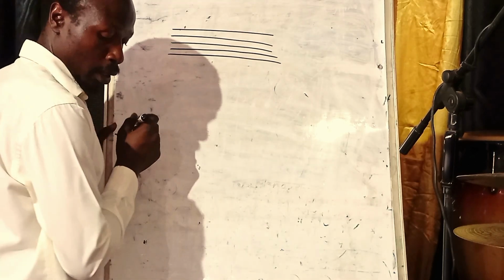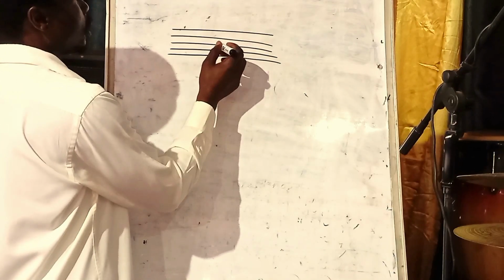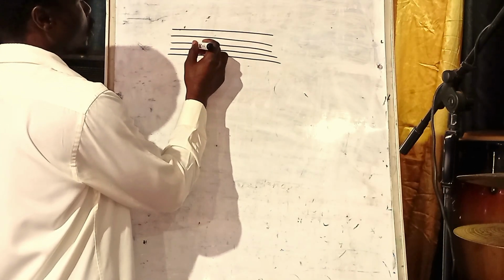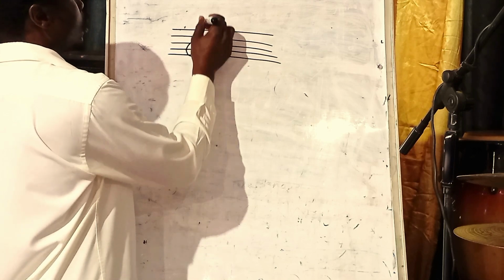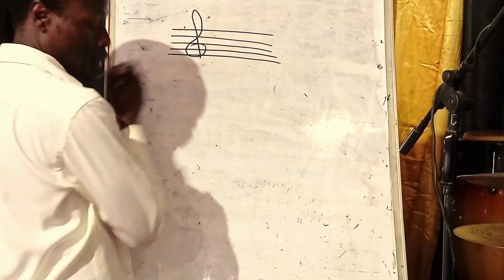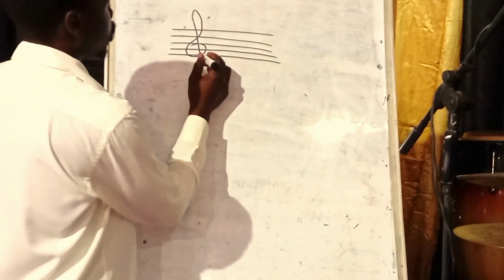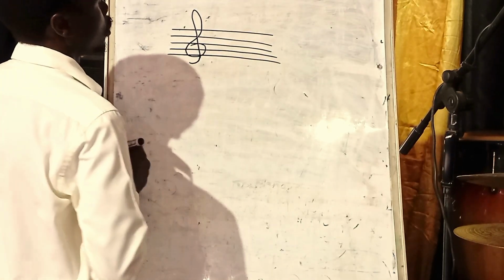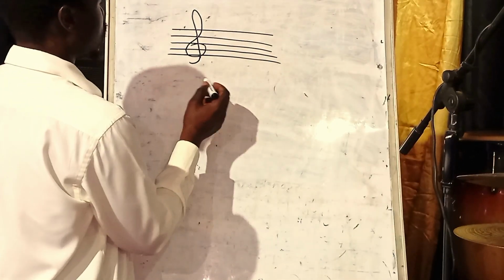Okay, and then this is how it will appear. The treble staff will look like this. The treble clef will come like that. And then the bass staff will look like this.